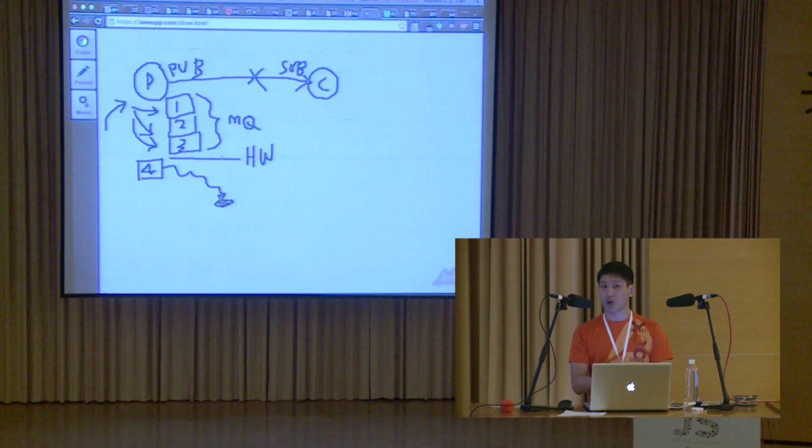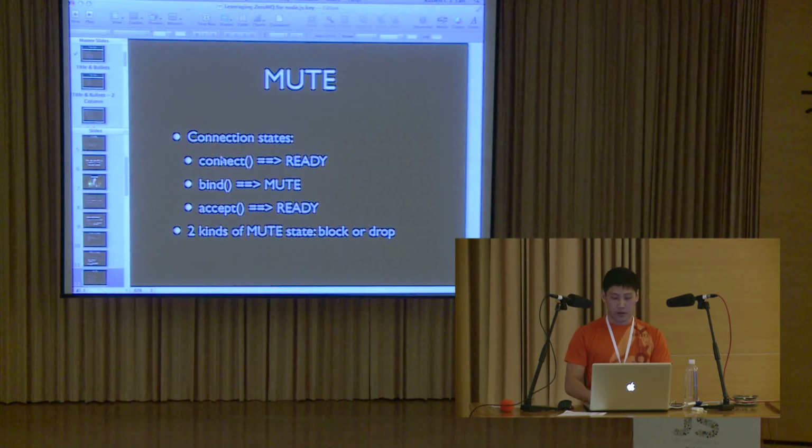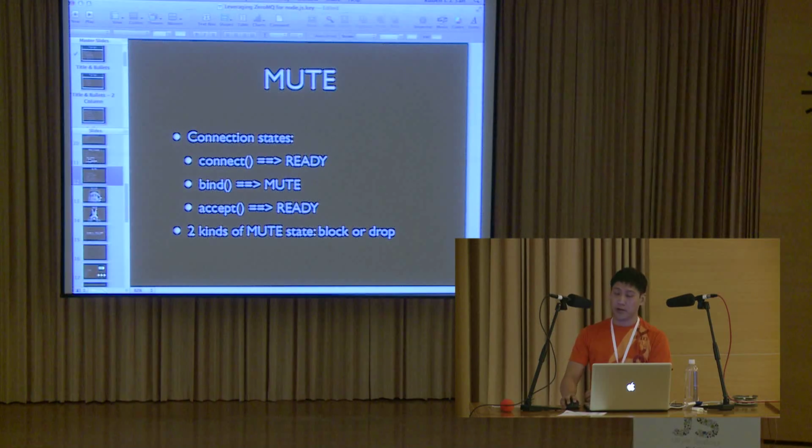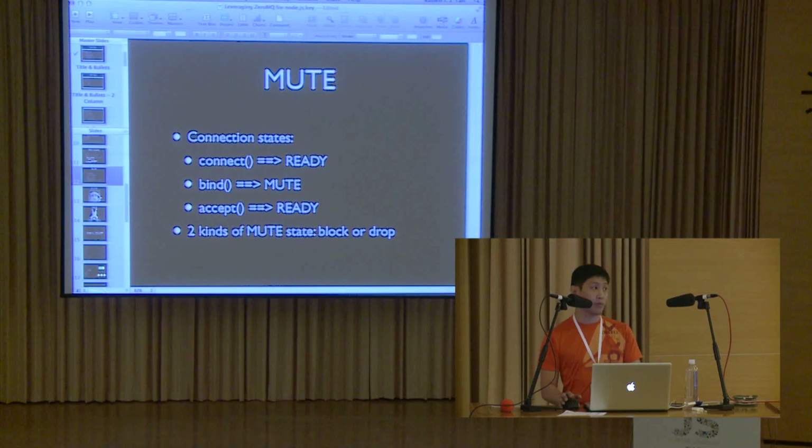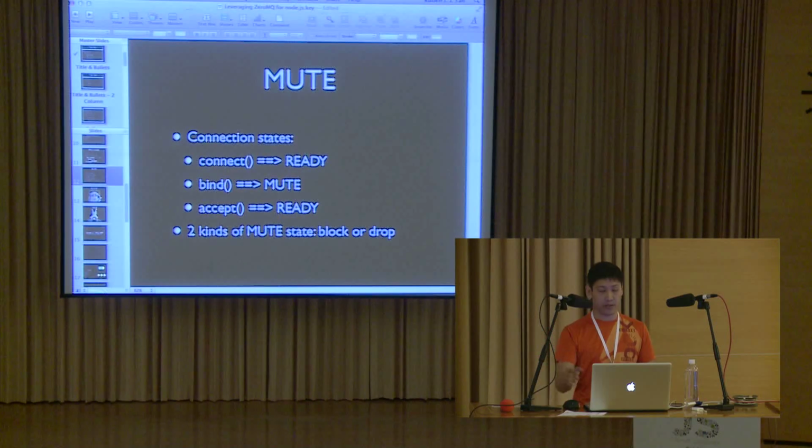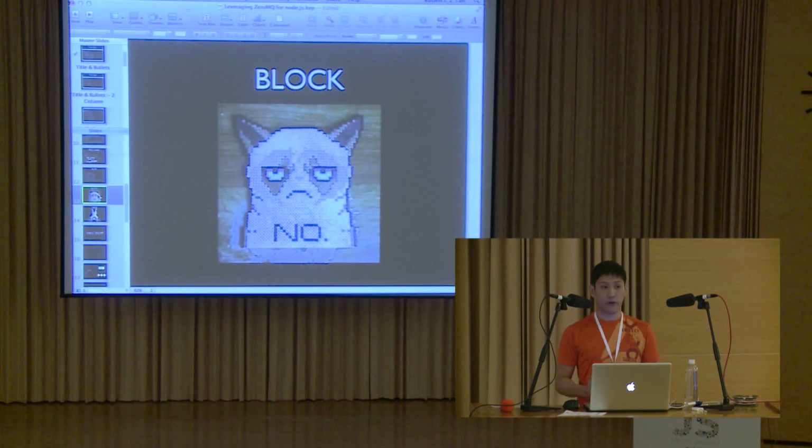So this is where the mute strategy comes in. What happens to the socket when you reach the high water mark? There are 2 ways to do it. You either block the messages or you drop the messages. Blocking is very simple.